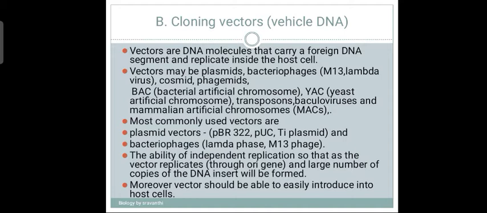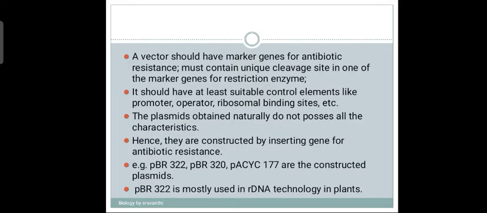These have the capability to replicate individually and produce a large number of DNA copies when inserted into the host body, so these types are selected. A vector should meet some conditions.